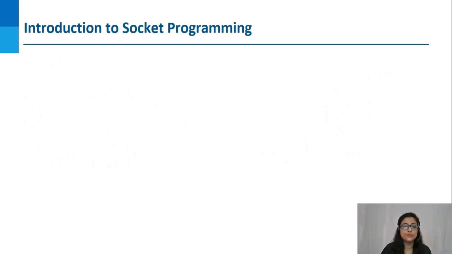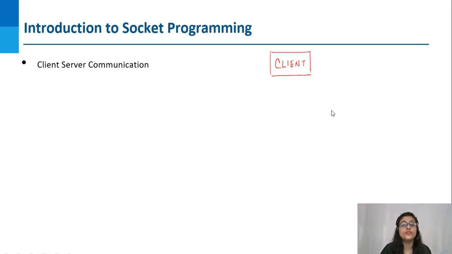Let me now introduce you to socket programming. We understand the client-server communication. We know that socket programming is required for making a client-server application program and to make a communication between two endpoints. Let's say we have a client. A client program is a program which always asks for a request from a server.